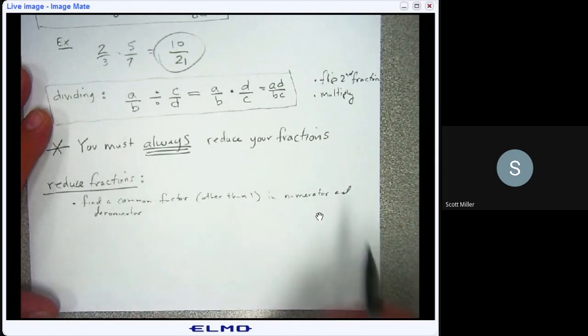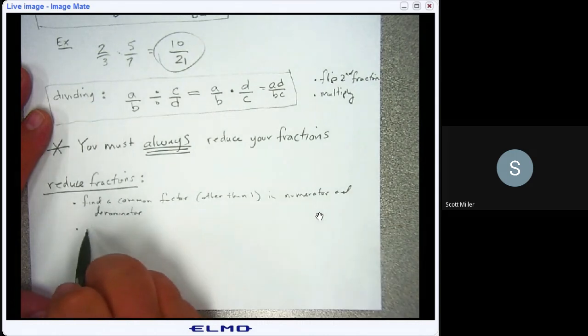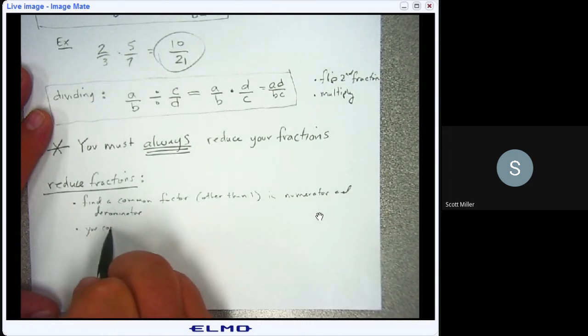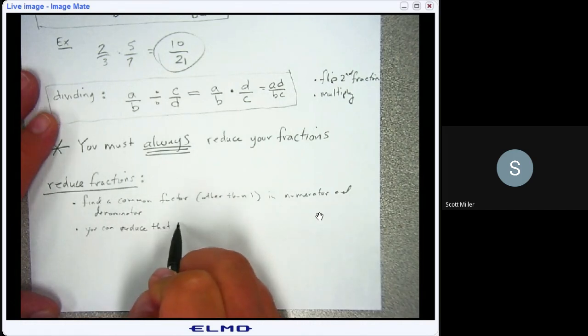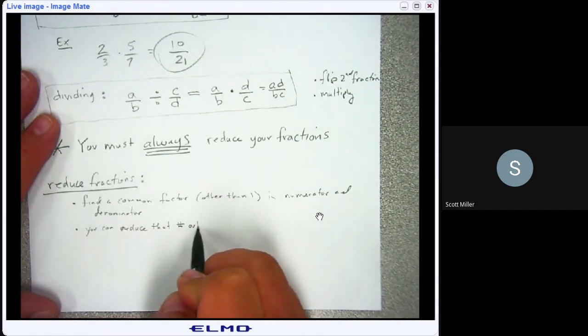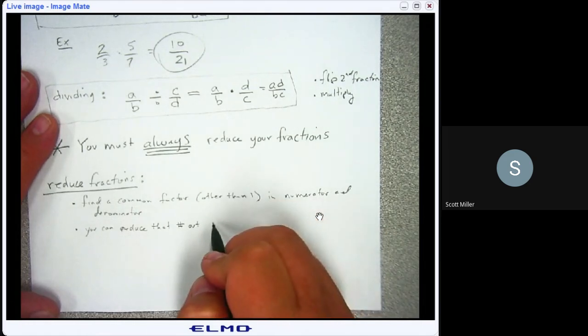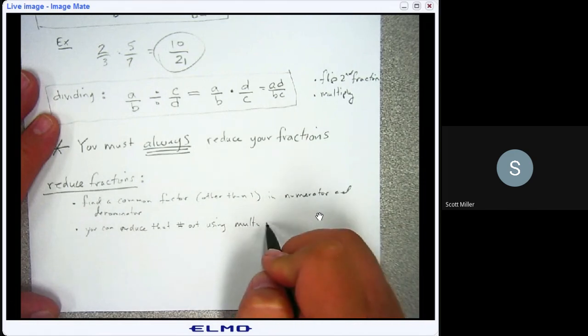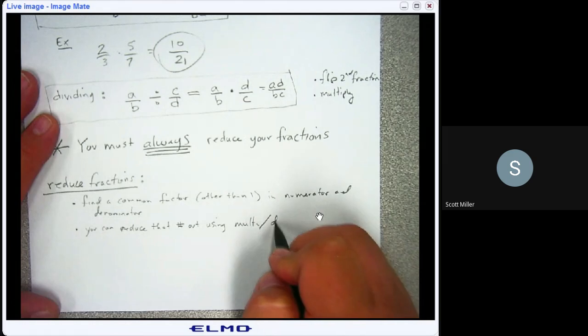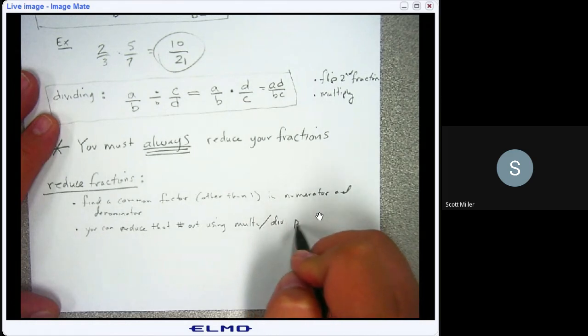Once you have found that, you can reduce that number out, using the multiplication and division properties.